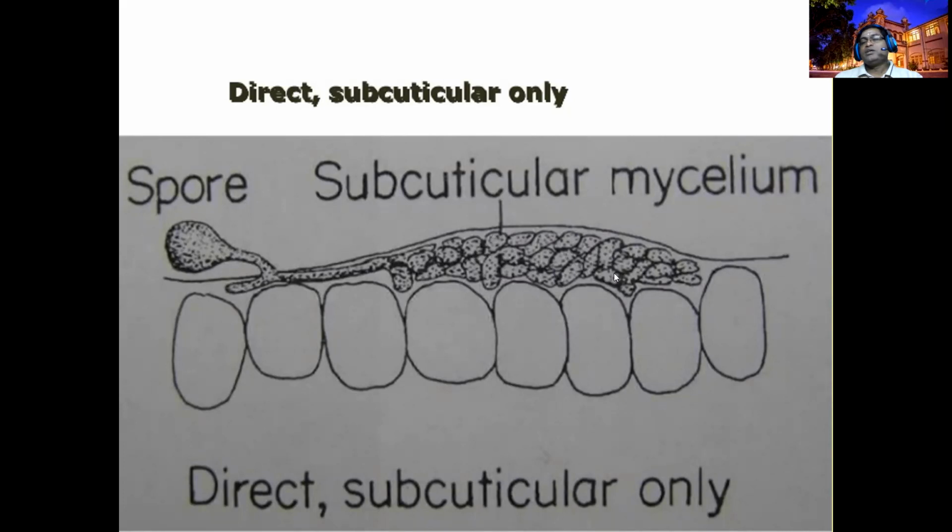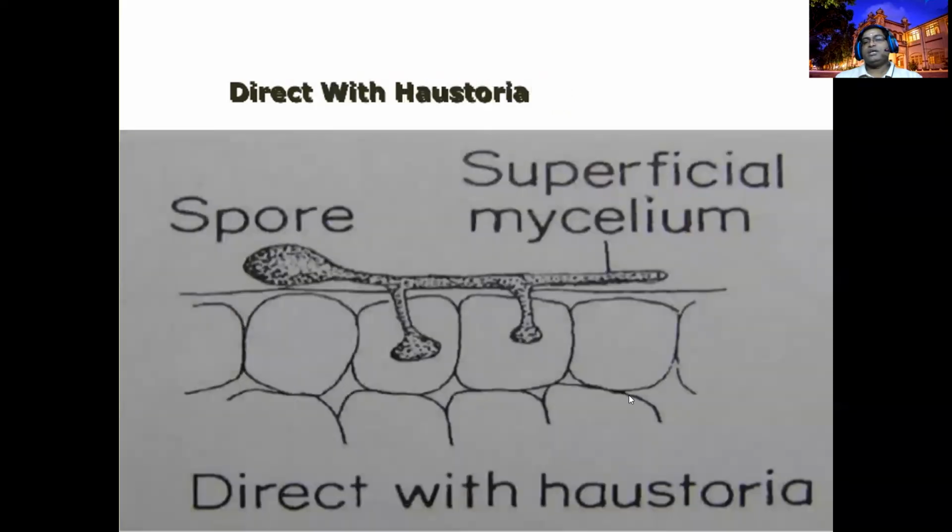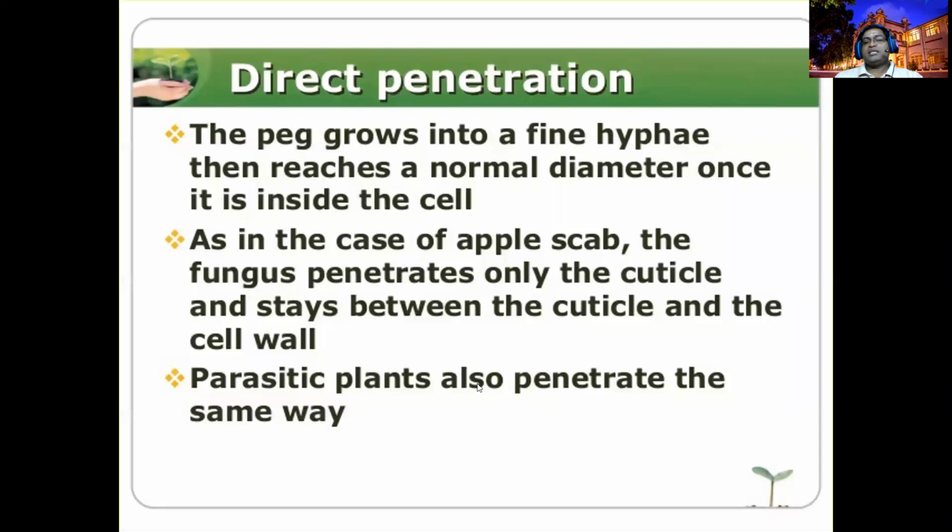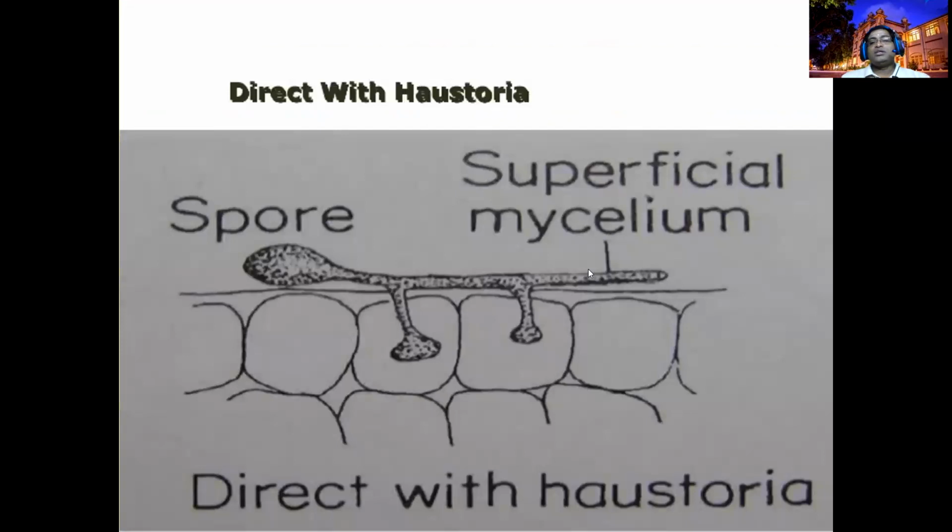From that, they will directly produce appressoria to draw the nutrition. There is no going inside. The parasitic plants also penetrate in that way. That's what I told you. The Loranthus and Cuscuta also produce haustoria directly to draw the nutrition.